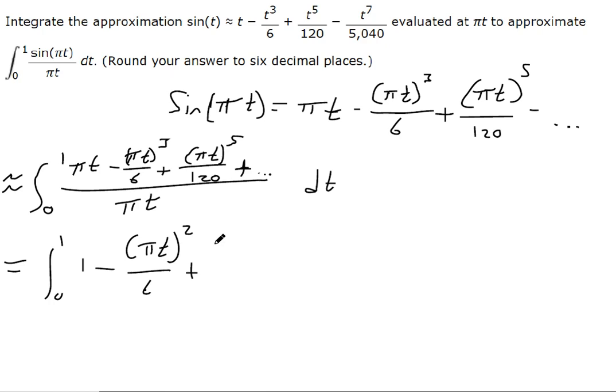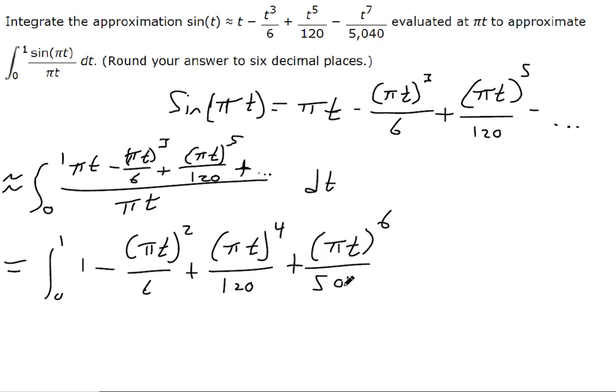And then this is pi to the fourth times t to the fourth over 120, and I'll add that last term in. This is going to be pi t to the seventh, but since it's being divided by pi t, now it's going to be pi to the sixth t to the sixth over 5040.